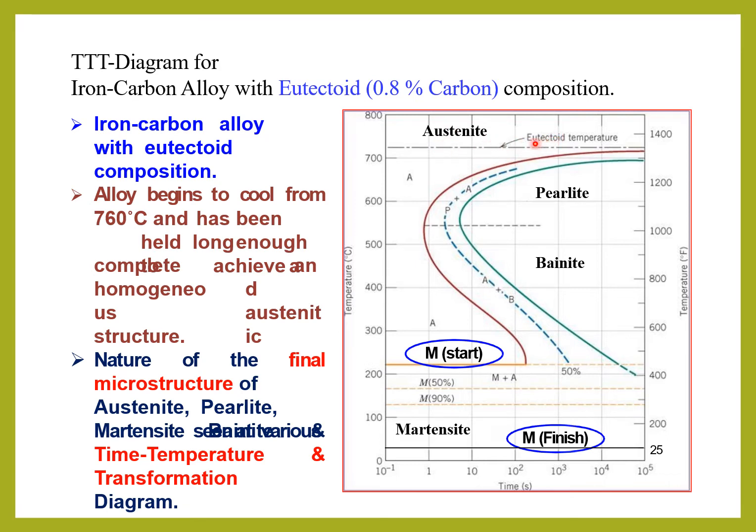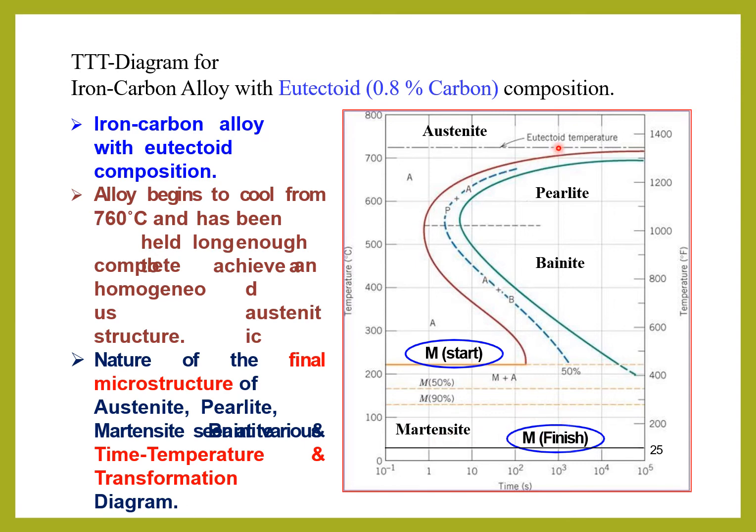Then we slowly cool, and at this temperature in the molten salt bath it is converted into pearlite structure. Still cooling, we keep it in water quenching, and it entirely converts to martensite structure. Even if we go below zero, it will stay martensite.